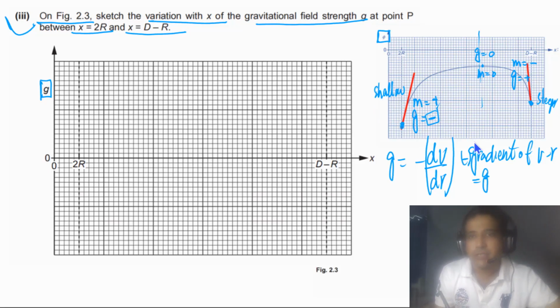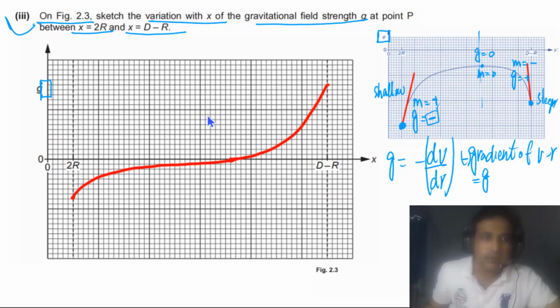So in this case we can simply mark the points. This point should be at a low value of G and this has to be at a higher value of G. So if we have these things in our mind, we can mark this point first of all, then this point, then this point, and then we can sketch the graph. So let me show you how you can sketch a proper graph.